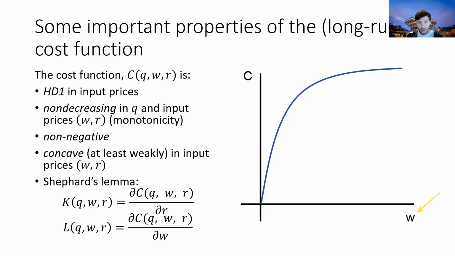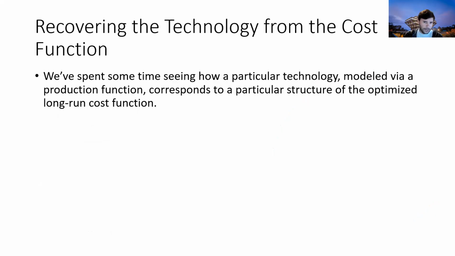So right now, we started with the production function, right? Our description of a technology. We assume cost minimizing behavior, and that led us to find a cost function corresponding to that optimal behavior. So at this point, we should be able to understand how a particular production function corresponds to a particular cost structure.